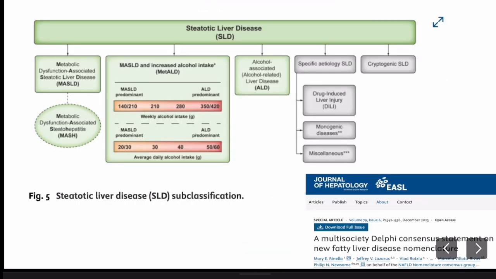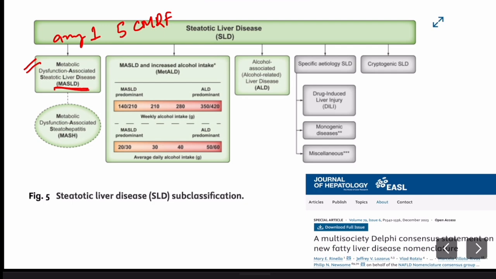Now this next image again explains the subcategorization of the steatotic liver disease. The patients who have any one of the 5 cardiometabolic risk factors are classified as metabolic dysfunction associated steatotic liver disease, that is MASLD.